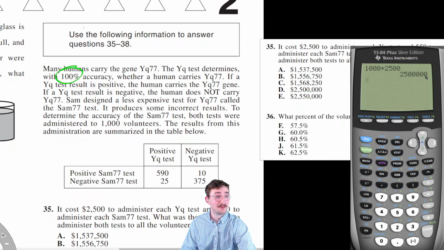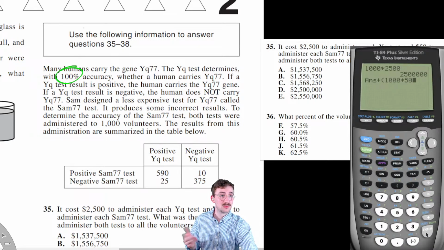I'm really struggling to see the number of zeros. All right, 1, 2, 3. So 2,500,000. Many of the answers are already below that. So I think it has to be E. Let me just make sure I'm reading it because that feels way too easy. All we'd be doing next is adding 1,000 times 50, which is going to be 50,000. I already know it. So yeah, it looks like E is right.